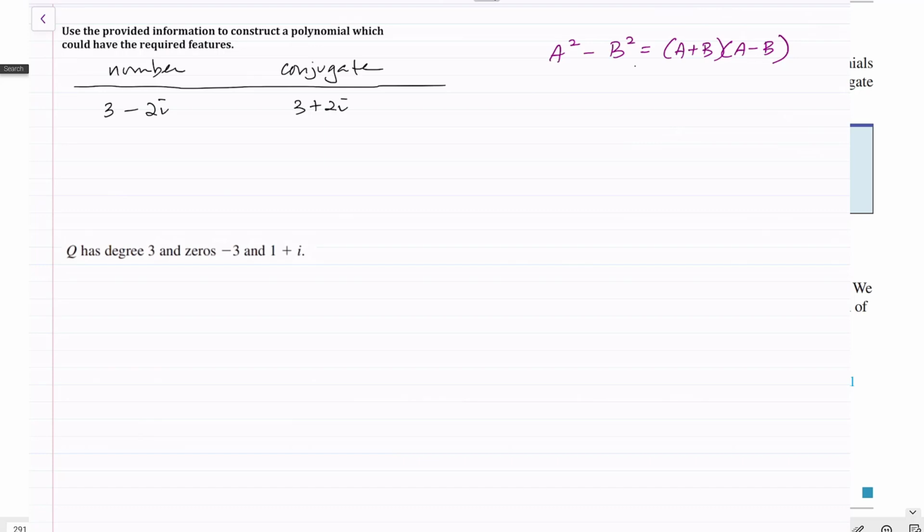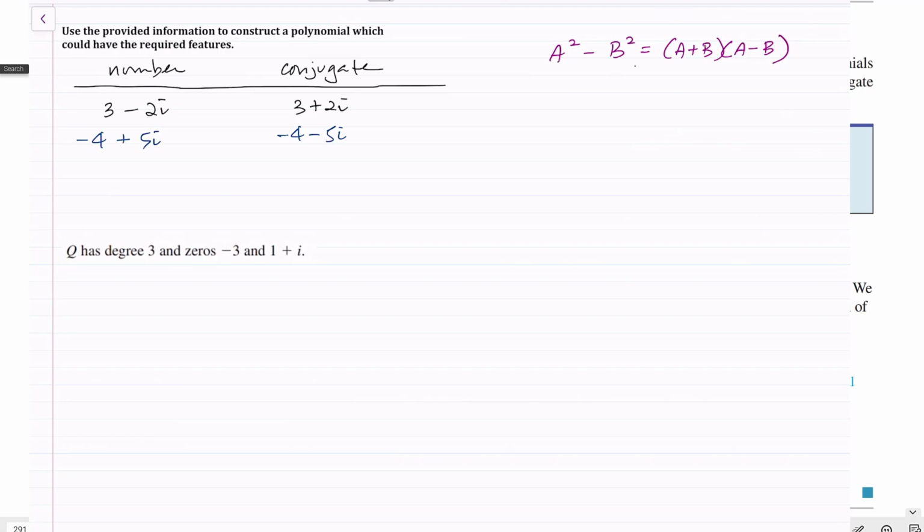If you had something different, like minus 4 plus 5i, and we asked you, hey, what's the conjugate? It's the sign in the middle that changes. So the conjugate would be minus 4 minus 5i. You notice the minus 4 stays minus 4, right? Because we're only changing the sign in the middle in order to transition from the number to the conjugate.